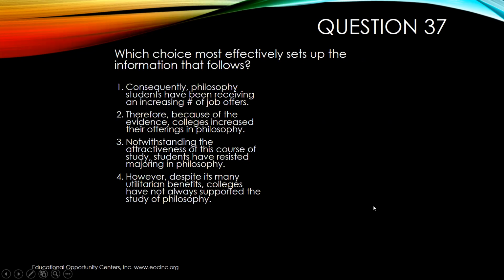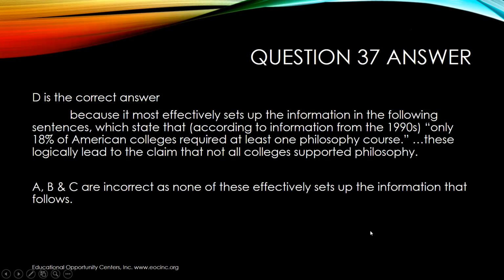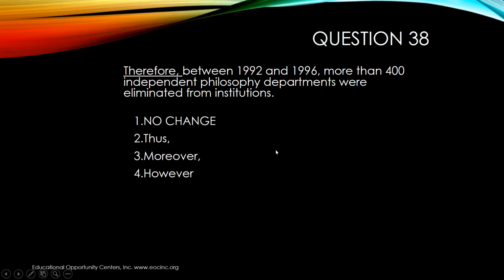Carolyn, we've got D and C. All right, correct answer is D. How about that? Only 18% of American colleges required at least one philosophy course in the 1990s. That's pretty cool.